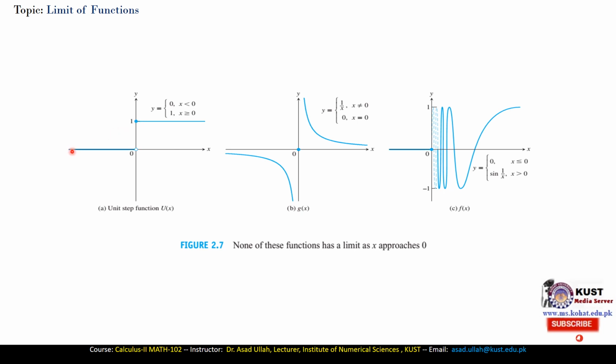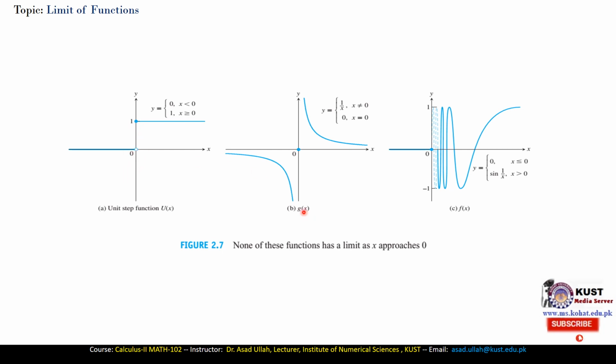So the limiting value from the left side is equal to 0, and from the right side the function value is equal to 1. So the function value at the point x is equal to 0 is not unique. From the left side we get f of x is equal to 0, and from the right side we get the function value 1. So the limiting value on the left side and on the right side is not unique. So the limit does not exist at the point x is equal to 0.